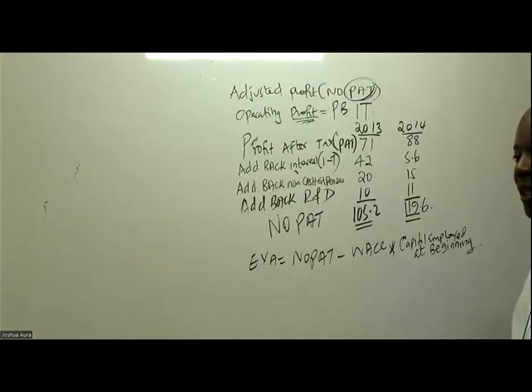Please write like that. Fatima, I've seen your question, I'll address it. So EVA will be NOPAT minus WACC times capital employed at the beginning, not at the end.